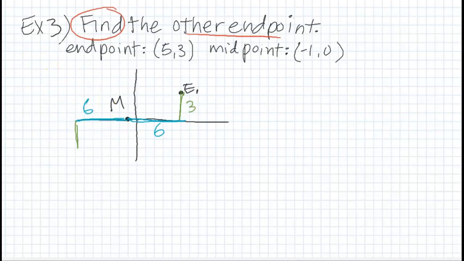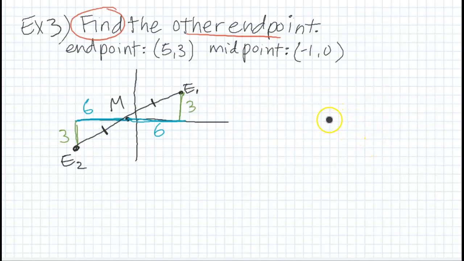Replicating those same distances will get me to my other endpoint, right here. And I can see I have the same distance from M to E1 as I do from M to E2, first and second endpoint. And I have my segment here that is broken up into 2 congruent parts.